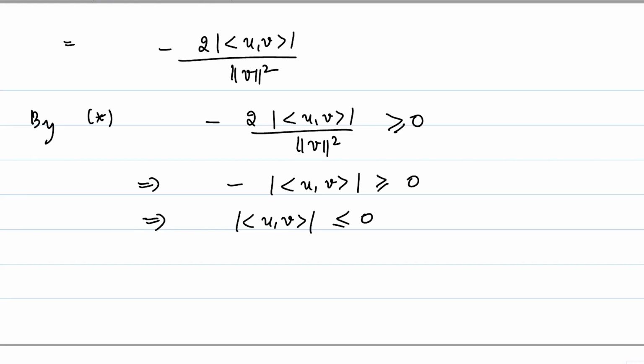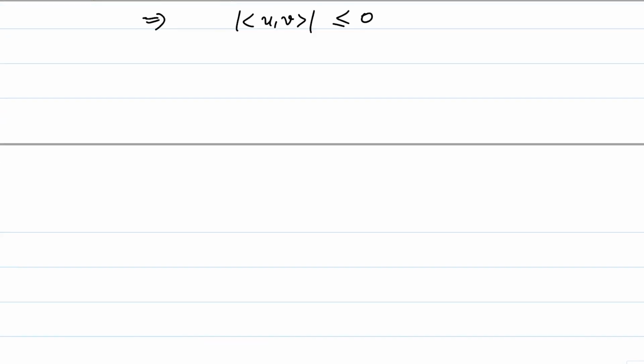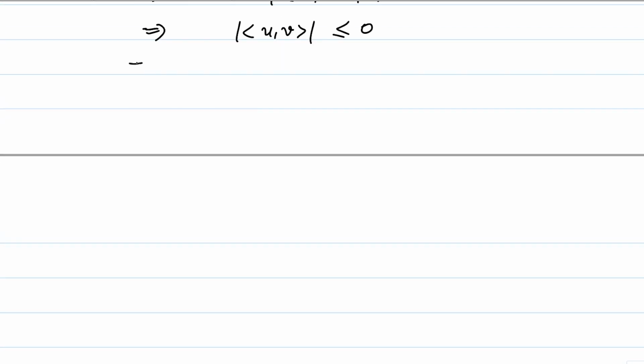But the absolute value of a complex number cannot be negative. This implies that the absolute value of u comma v is equal to 0. But the absolute value is equal to 0 if and only if the complex number itself is equal to 0. And that's precisely what we had set out to prove.